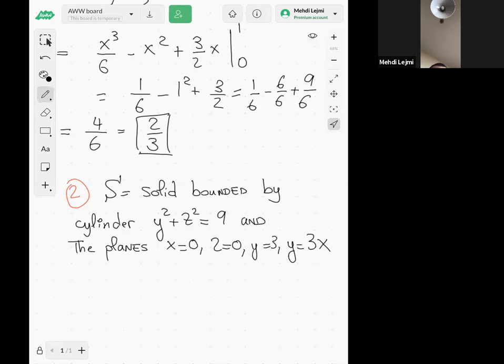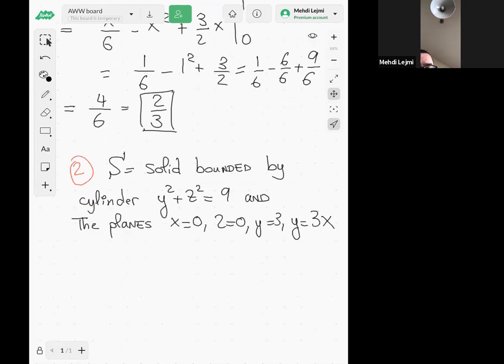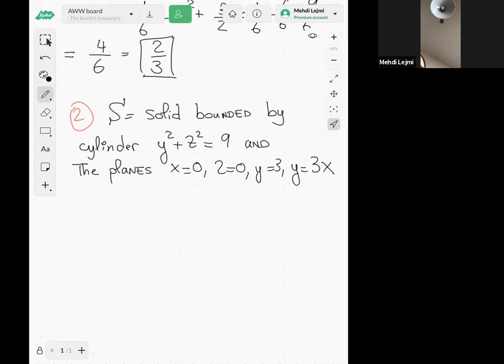If you want to graph a cylinder in 3-dimensional space, you have three coordinates, X, Y, and Z, all right? You want to graph Y squared plus Z squared equals 9.